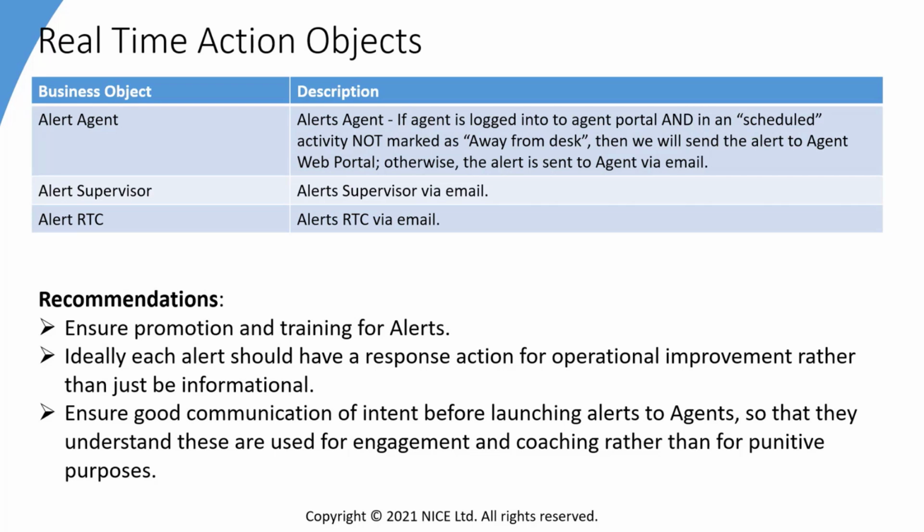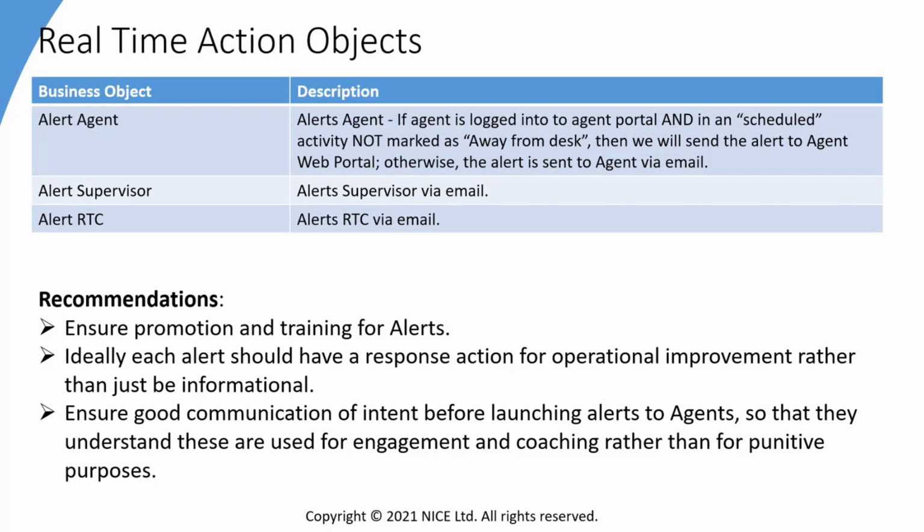Okay. And it's always best, before rolling this out to the agents themselves, to make sure that they understand that this is for engagement and coaching rather than for some sort of punitive purpose, right? We want to make sure that these rules and alerts are producing positive collaboration and are viewed that way.